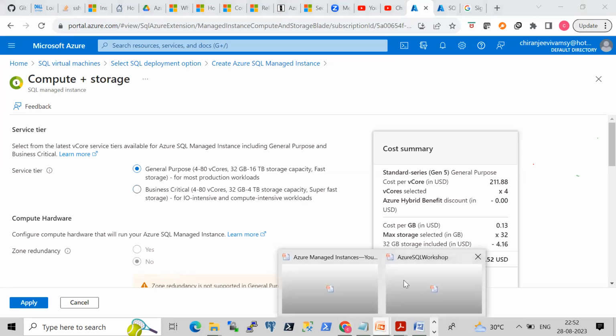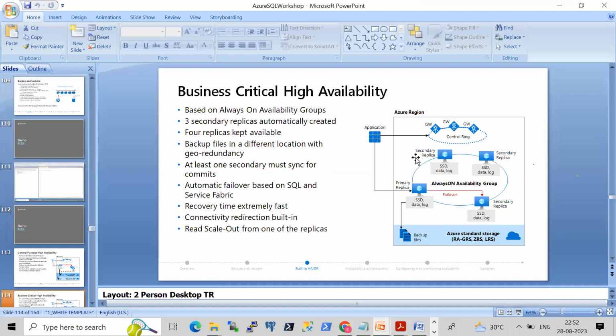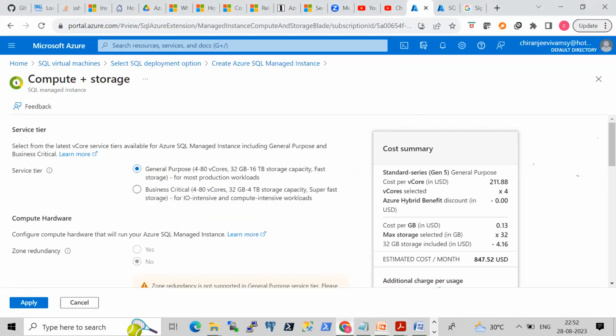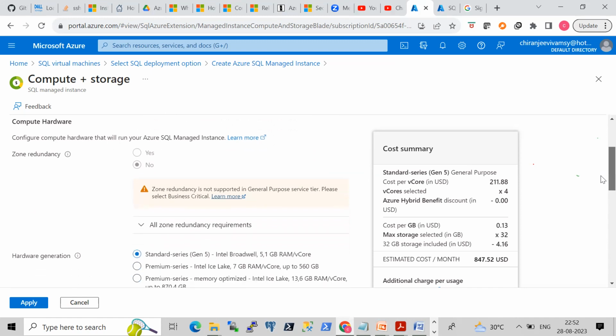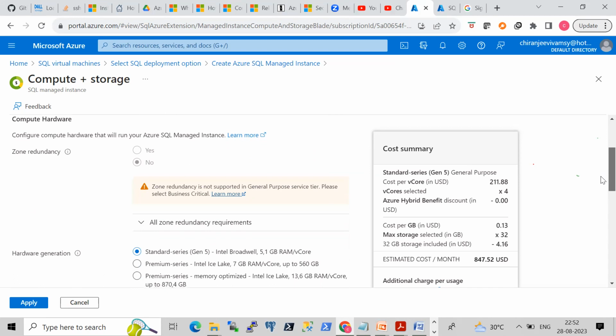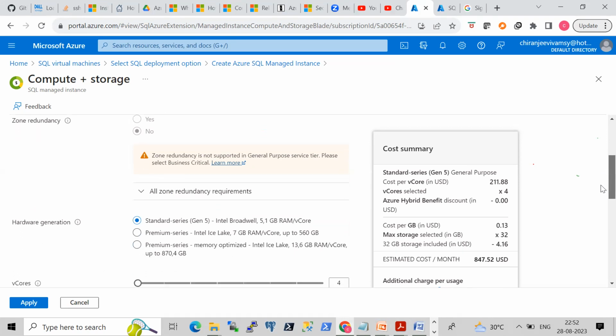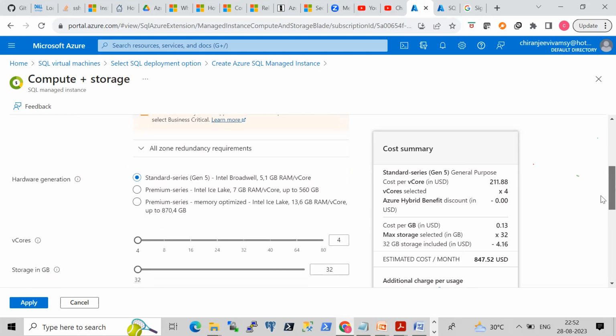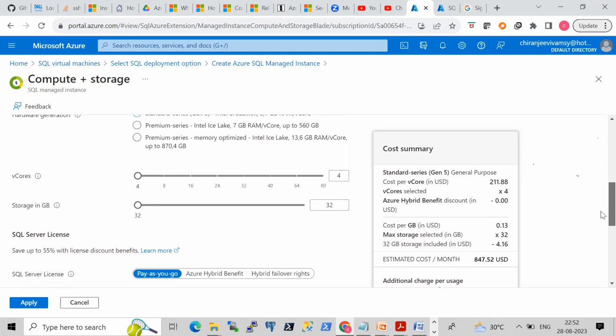One question: could you please go to the previous screen and scroll down a little? There is no option to straight away choose IO, right? If an application wants the highest IO, do we need to increase the vCores or the storage?